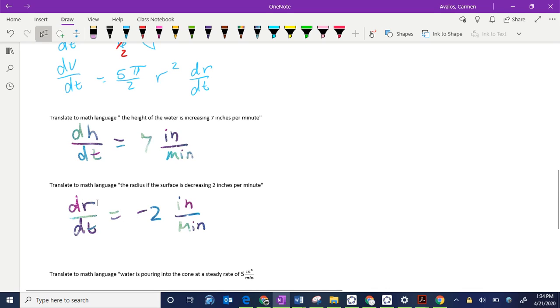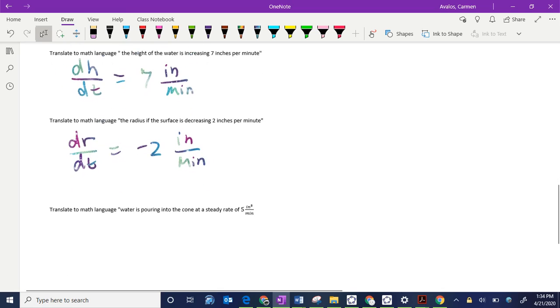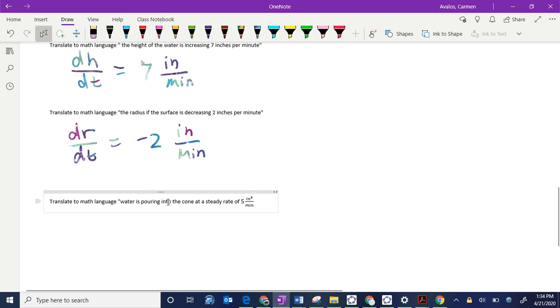Now here, water is pouring into the cone at a steady rate of 5 inches cubed per minute. So what are we really talking about here? R is measured with a certain length. Height is measured in a certain length. So it's just going to be inches. The minutes is the rate at which the time is there. And this one is giving us inches cubed, not inches squared, not inches.